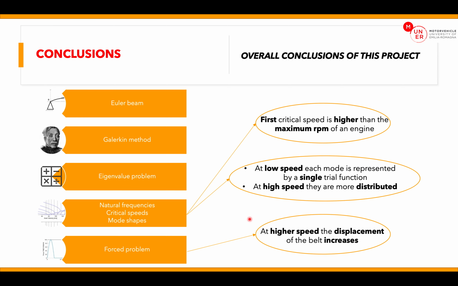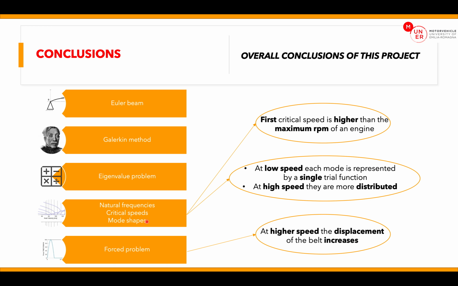In conclusion, we used the Euler beam, then we applied the Galerkin method, we went through the eigenvalue problem to find the natural frequencies and the critical speeds. In particular, we saw that the first critical speed was higher than the maximum RPM of an engine.